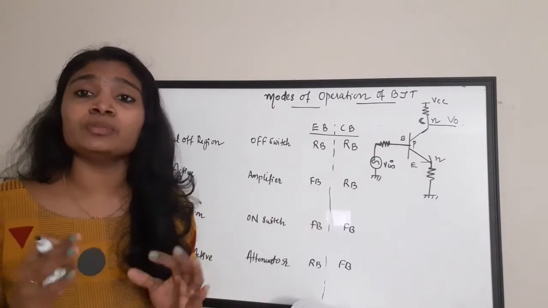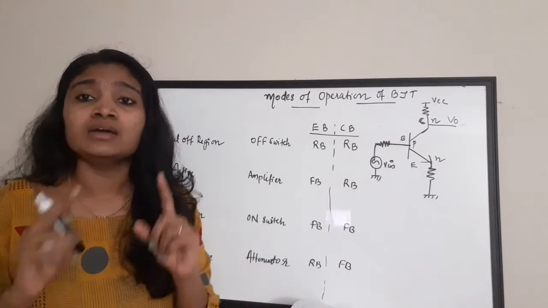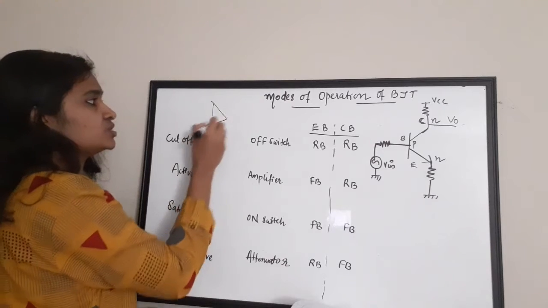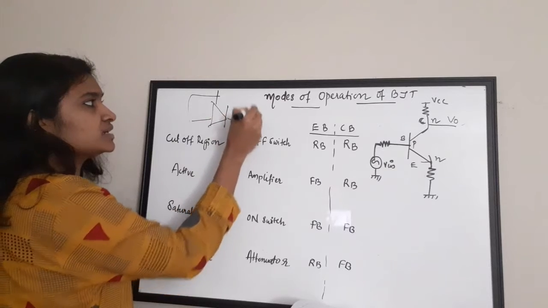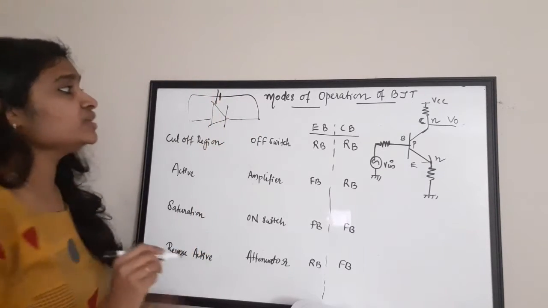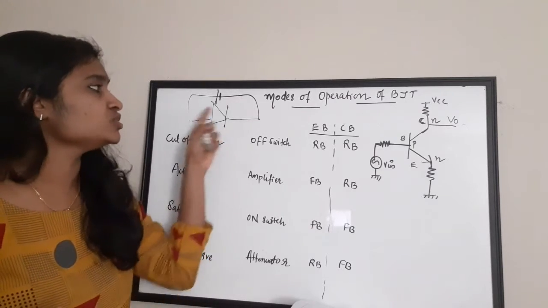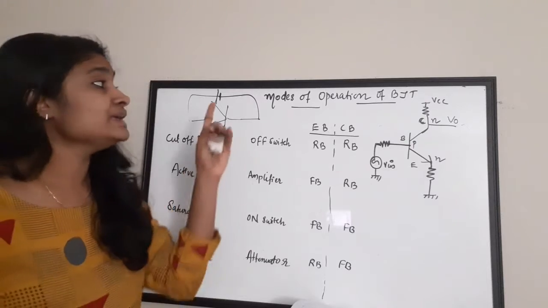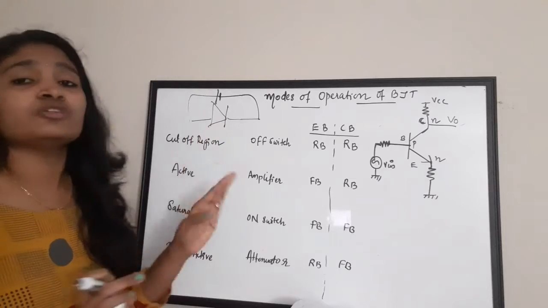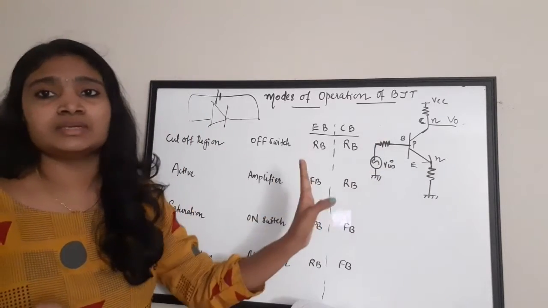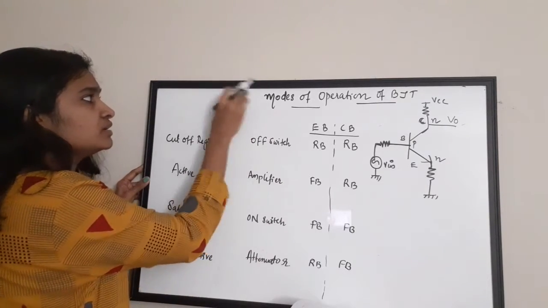We know how to make a PN junction reverse biased. If the positive is connected to the positive terminal of the battery and the negative to the negative terminal with sufficient voltage to overcome the built-in potential or barrier voltage, that junction is forward biased. If this condition is not satisfied, it is reverse biased. Just think of a PN junction as the emitter base and collector base junctions. So for the cutoff region, both junctions are reverse biased.